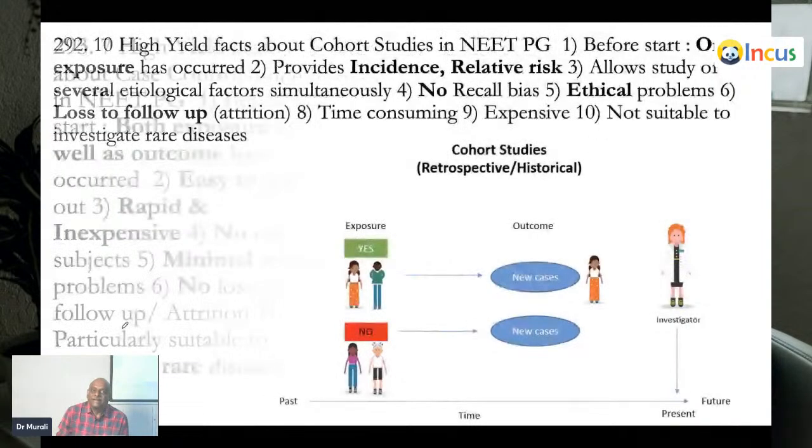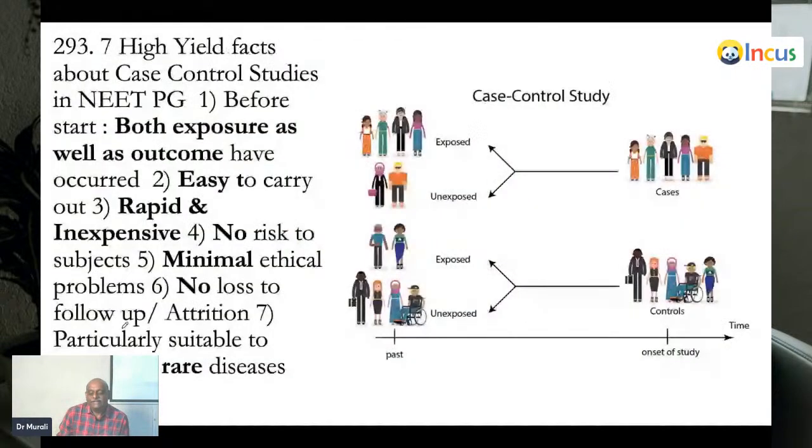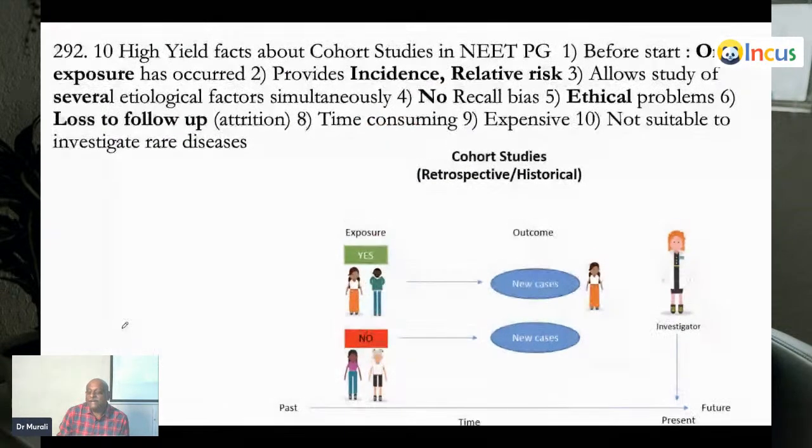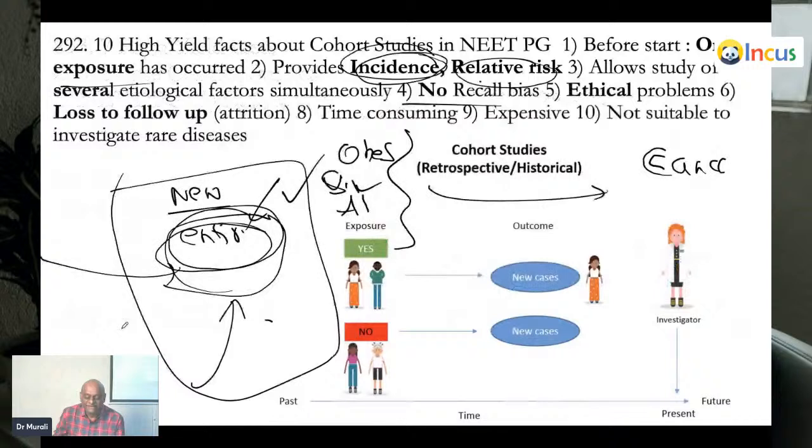Because when they apply in shadi.com, they will say, are you preparing for PG entrance in Padmarao Nagar? If he happens to tick yes, then nobody will be ready to marry him. So that is the reason ethical problems are higher if you are following a population over a period of time.